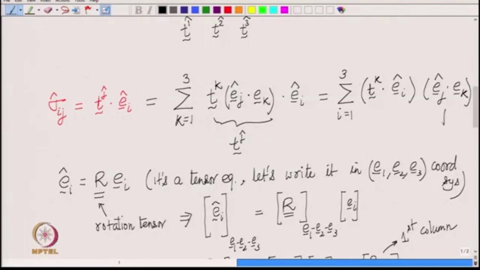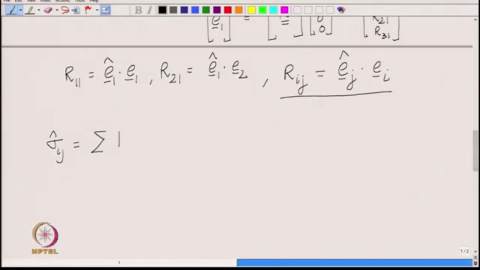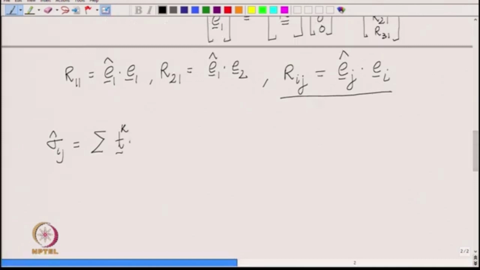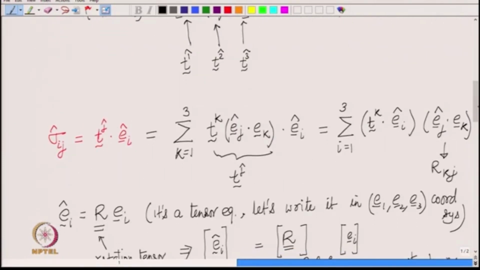So, we have sigma hat Ij equal to summation over Tk dot Ei hat multiplied with Ej hat dot Ek, which is Rkj.